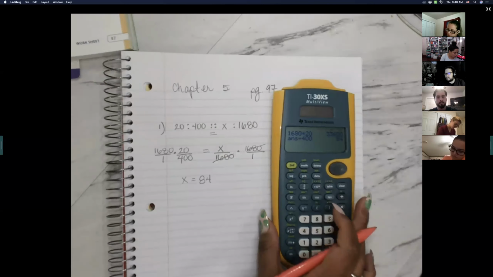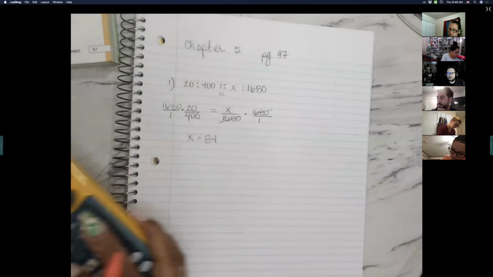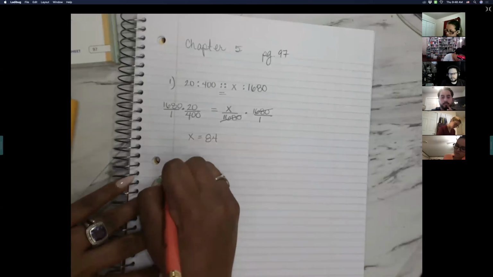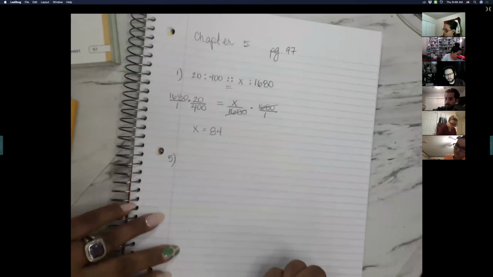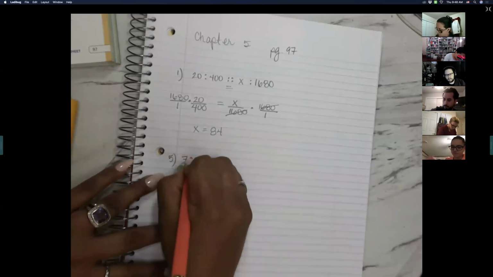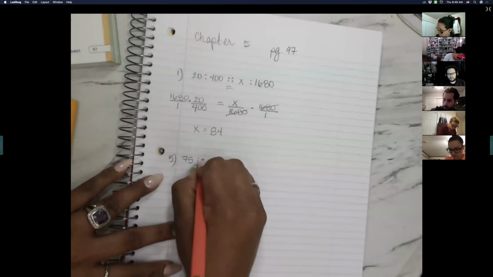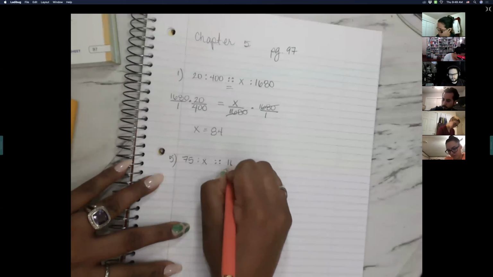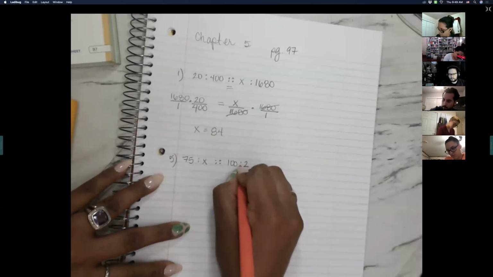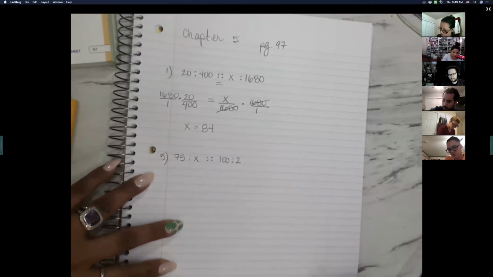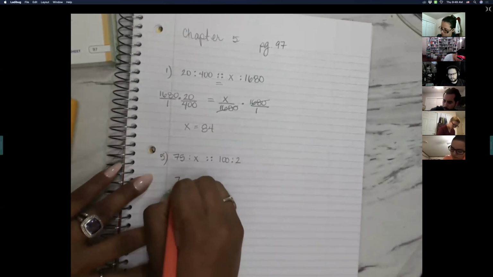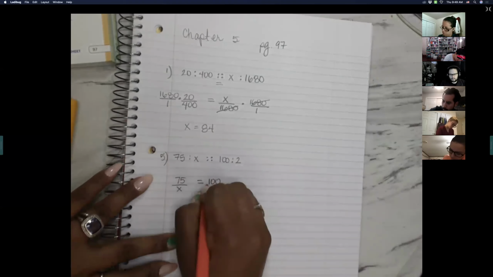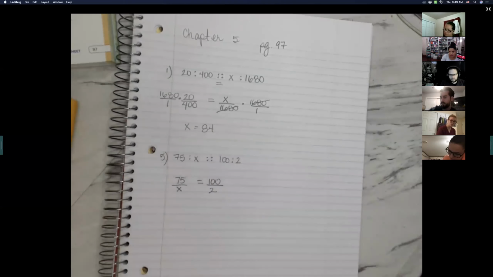Okay, let's do number 5. This one is 75 to x compared to 100 to 2. So we set up our fractions the same way. 75 over x equals 100 over 2.